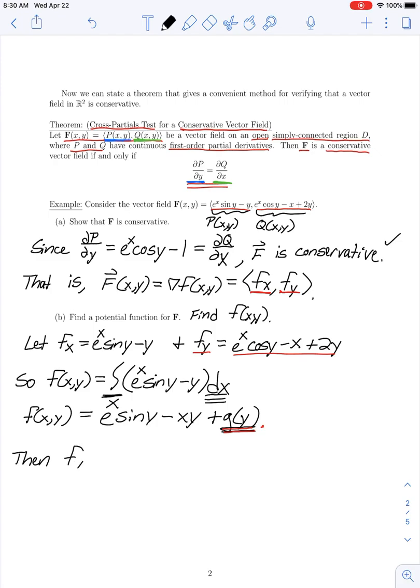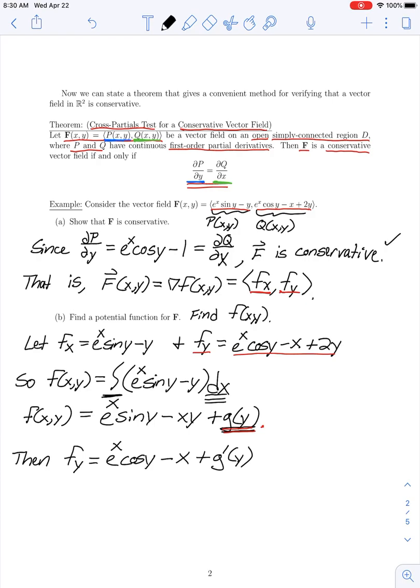So if we look at the partial derivative of this function with respect to y, we would have e to the x cosine y minus x plus the derivative of this g of y function. We'll call it g prime of y.